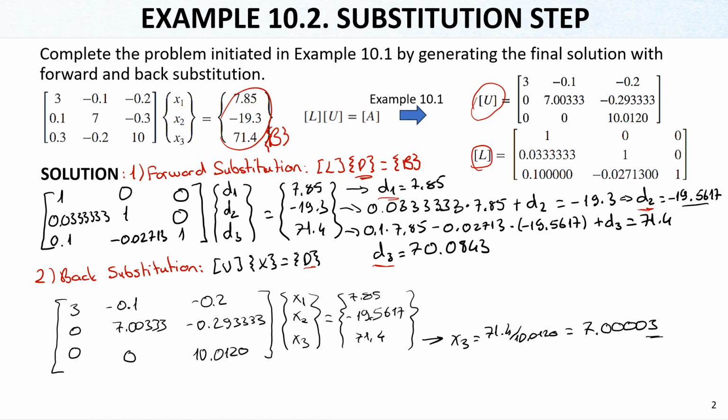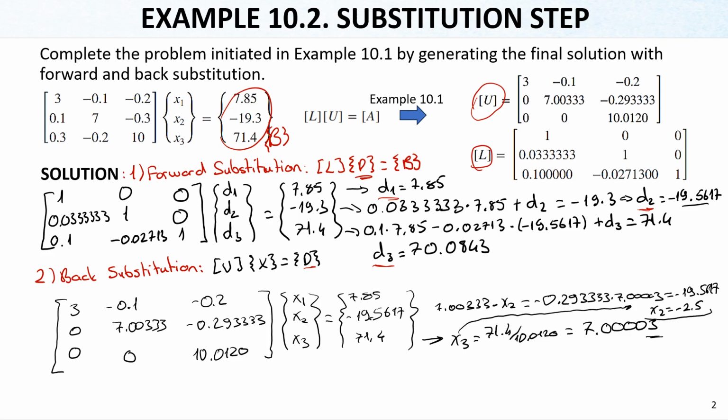That means 0 times x1 plus 7.00333 times x2 minus 0.293333 times x3, which is 7.00003, is equivalent to minus 19.5617, and from here x2 is minus 2.5.